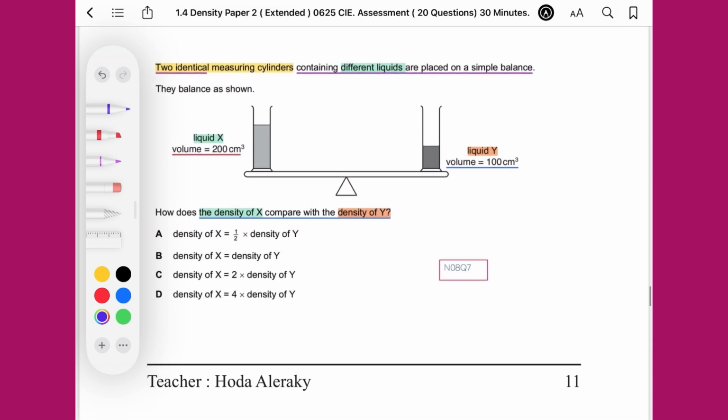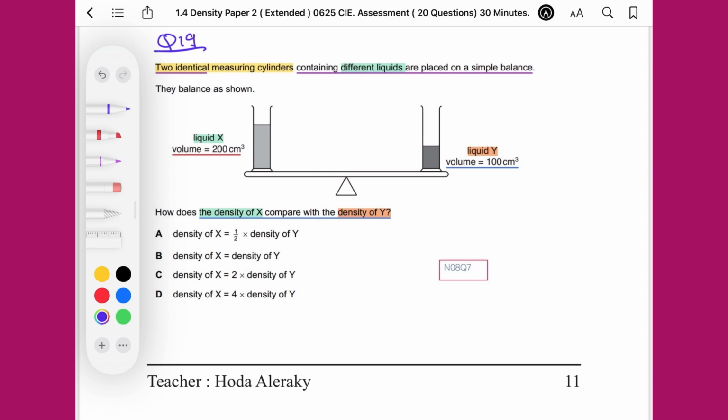Question 19. We have two identical measuring cylinders and we have liquid X and liquid Y. So how does the density of X compare to the density of Y? Okay, as we said in the previous question, here mass is constant. How do you know mass is constant?